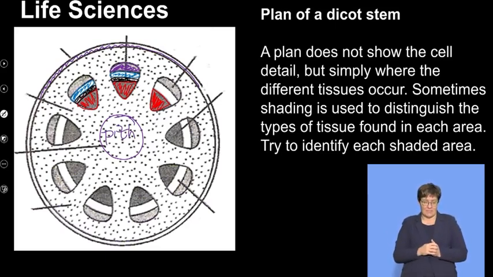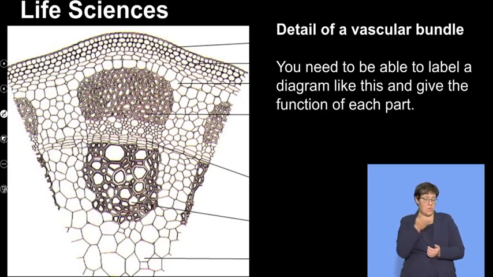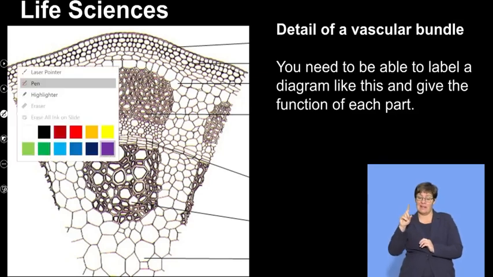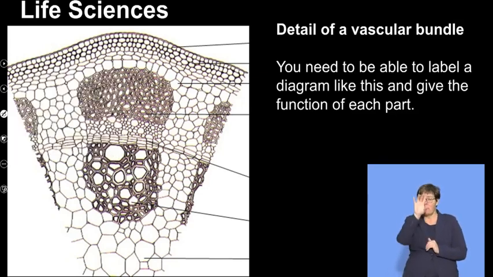This particular diagram doesn't show the collenchyma. Next picture we're going on to is a drawn diagram showing the detail of a vascular bundle, and let's see if we can pick up the different parts from this.